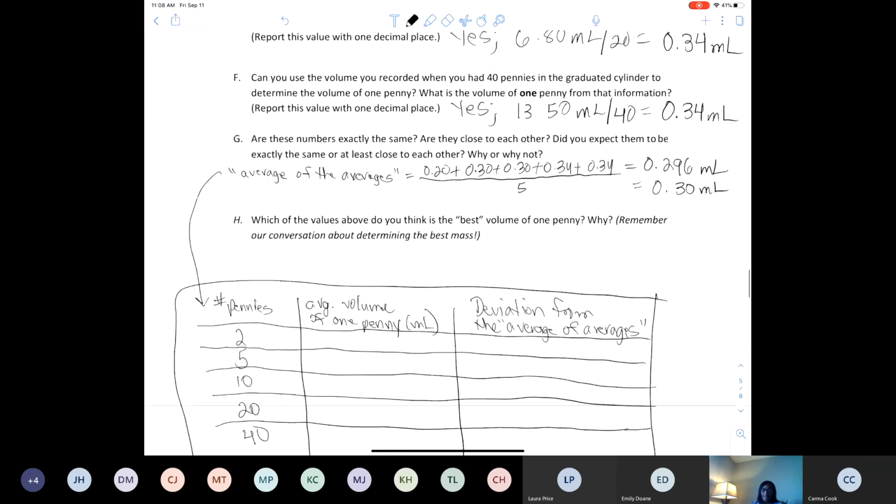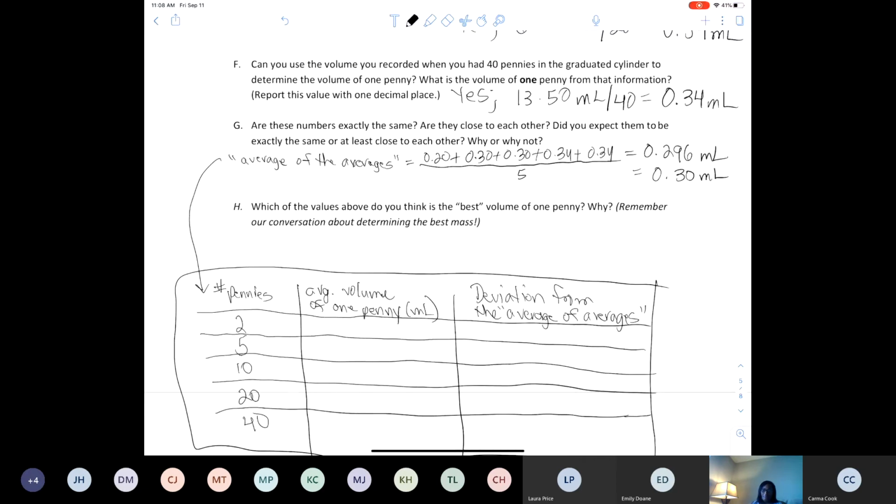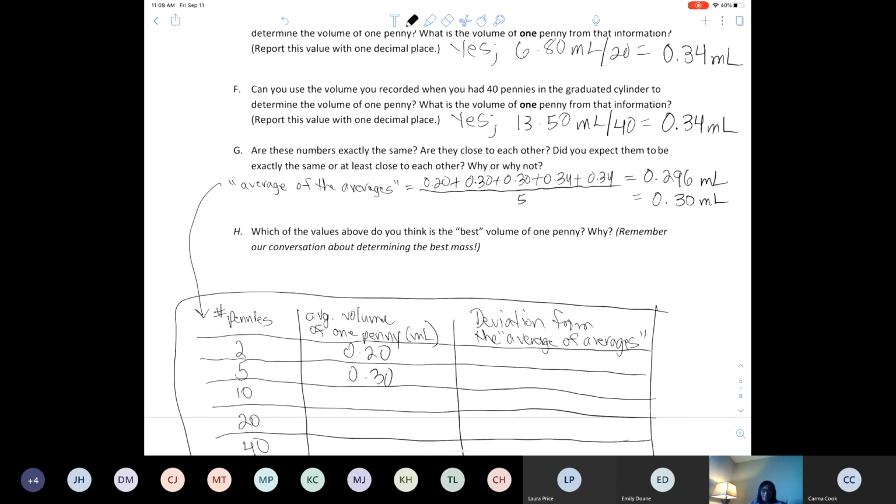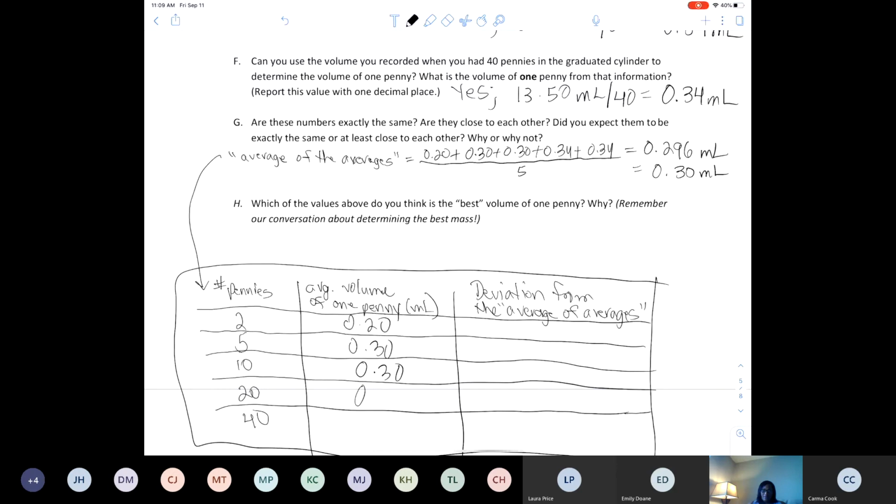And then we can do the deviation from the average of averages by filling in this little chart. The average of averages is 0.30, so take 0.30 and subtract it from the average.